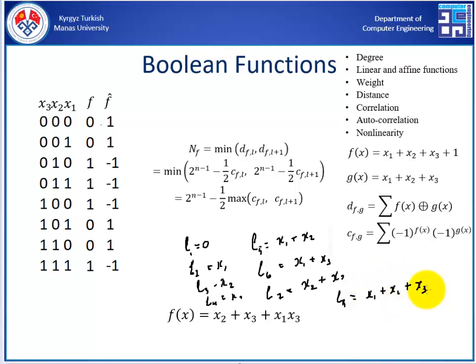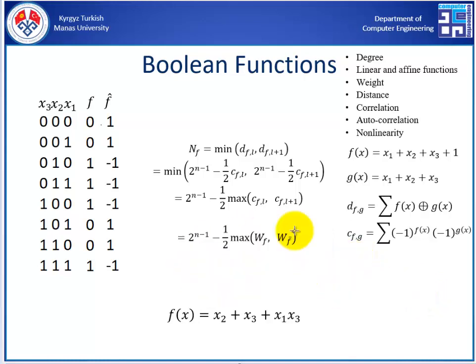So to ease the calculation of nonlinearity, we should recall that the rows of the Walsh-Hadamard matrix are truth tables of linear functions. So we can replace the calculation of cross correlation of a function with all linear functions with the Walsh-Hadamard transform of this function f of x.